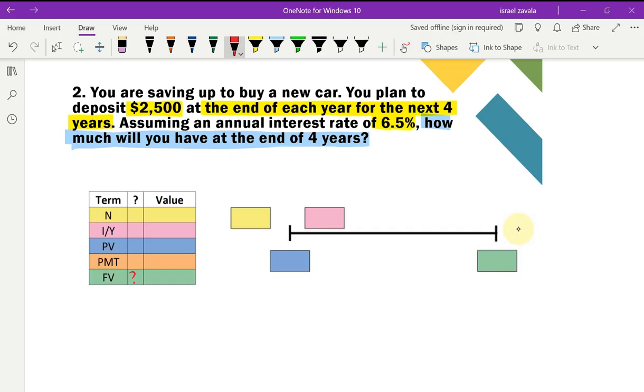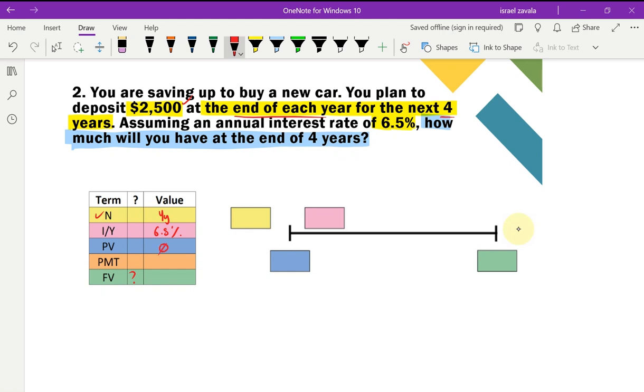So let's go top to bottom here. N, number of years, I have 4 years. The interest rate is 6.5%. There is no present value here again. There is no other number besides this 2,500, right? And that's telling you that it's being invested at the end of each year for 4 years. So there is no present value.